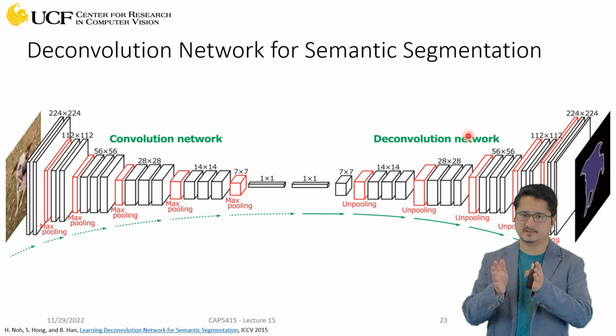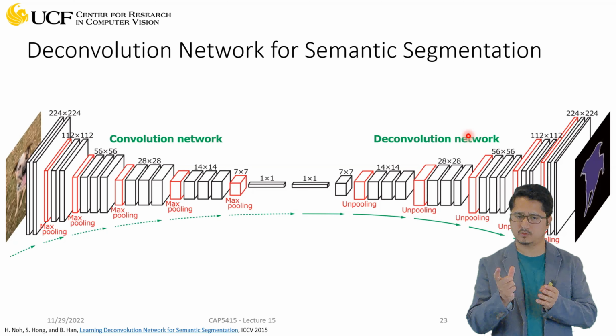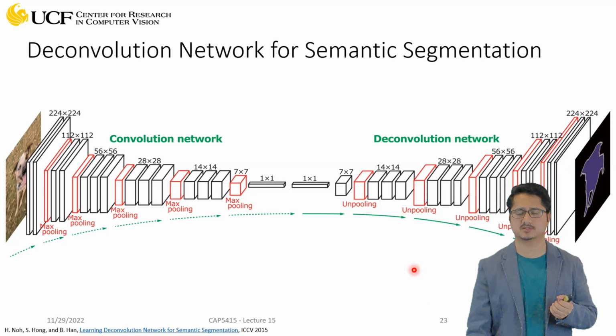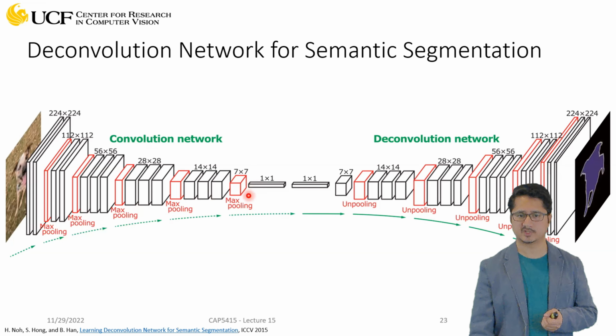So basically, as I said, you can use a simple convolutional based autoencoder to perform semantic segmentation. And this is just one variation of that, where given an input image, you can have your classification network, or the encoder convolutional network, where you can have convolution layers, max pooling layers, and at the end you have these flattened features, and then you can just repeat all these operations in reverse.